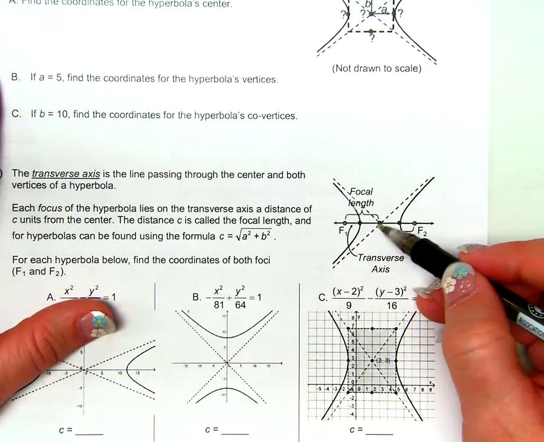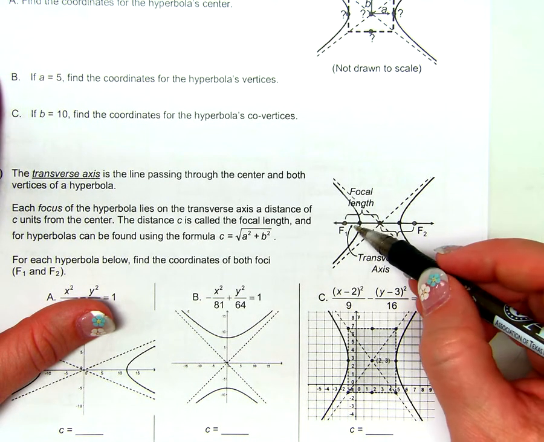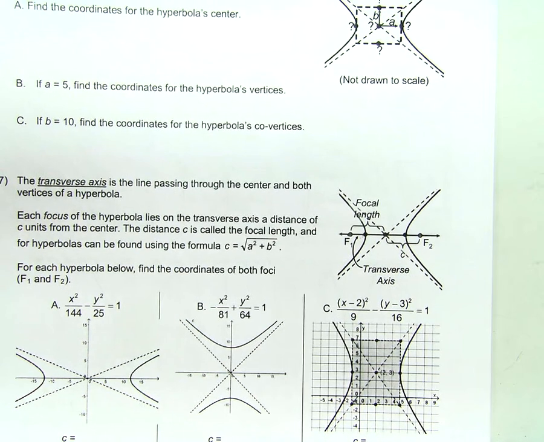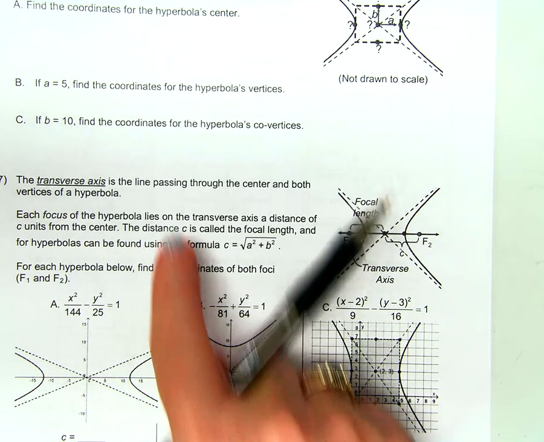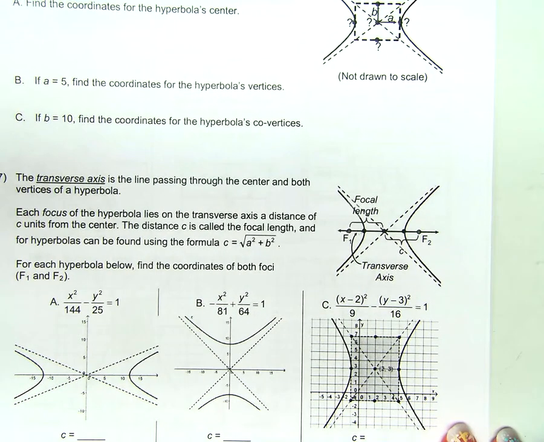See, the focus is going to be further away from the center than the vertex this time. But it's still inside the shape. Do you see what I'm saying? Okay. The foci are always along the major axis. Does that mean, well, I don't want to say major axis. Let's use transverse axis, which is always the one that passes through the center and the vertices, not the co-vertices.